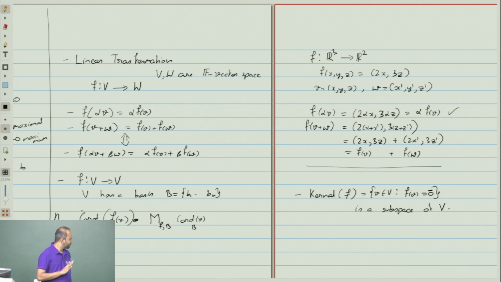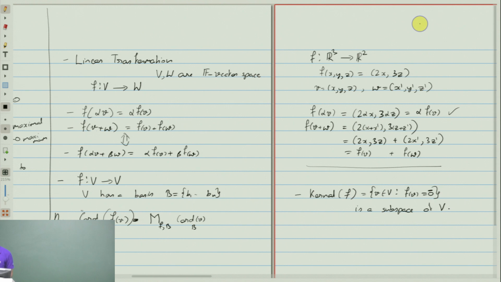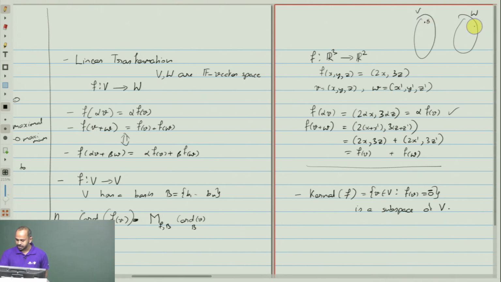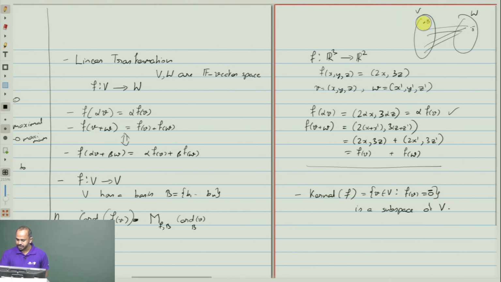So, kernel is a set of vectors in the input space which maps to the 0 vector in the output space. So, you have some input space which is V, there is some output space which is W. There is a 0 vector here, there is another 0 vector here. The 0 vector always maps to the 0 vector if it is a linear transformation.